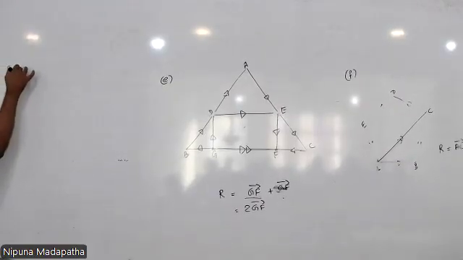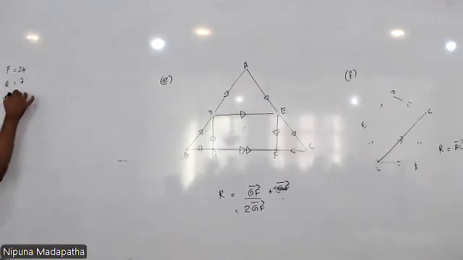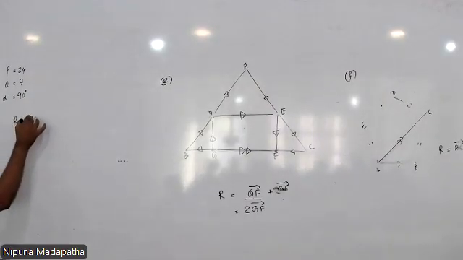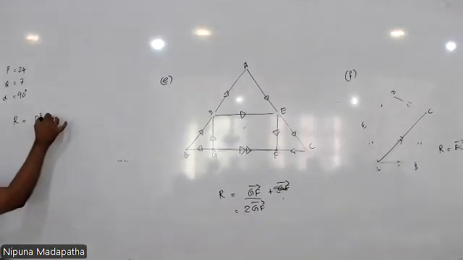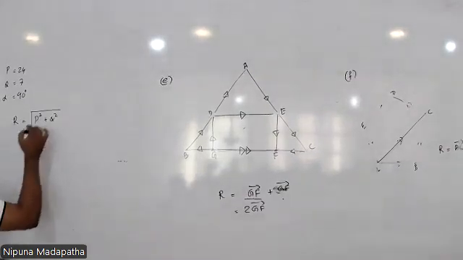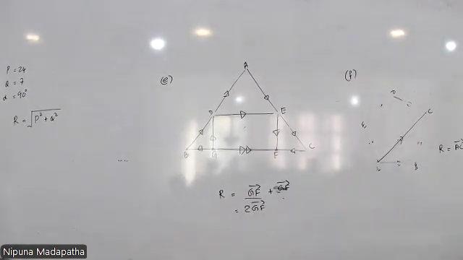P is 24, Q is 7, alpha is 90. This alpha means theta, the angle between two vectors. So R is given by P squared plus Q squared, since alpha is 90. The 2PQ cos theta term is 0 because cos 90 is 0.